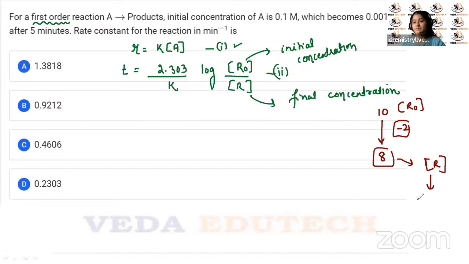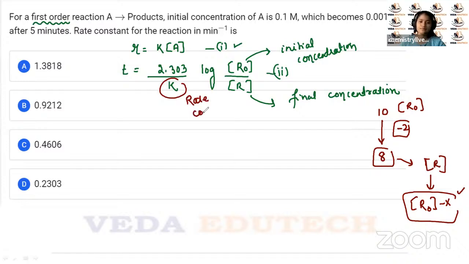So R is basically R naught minus X. And as usual, this is your rate constant. There's one more thing also which we understood, which is your T half. Time taken for half of the reaction to be complete. That is nothing but 0.693 by K. These are the three formulas associated with your first order reaction.